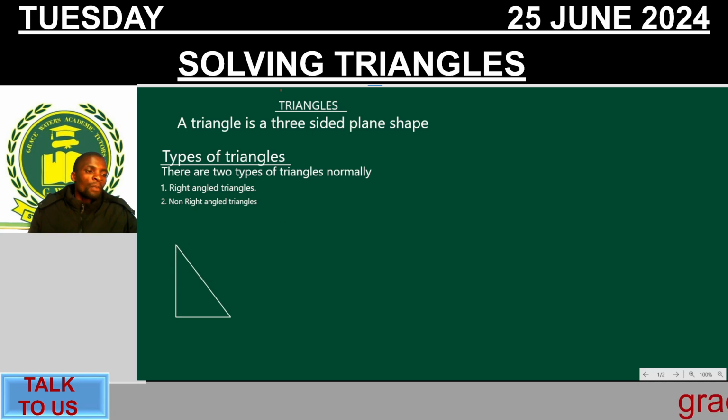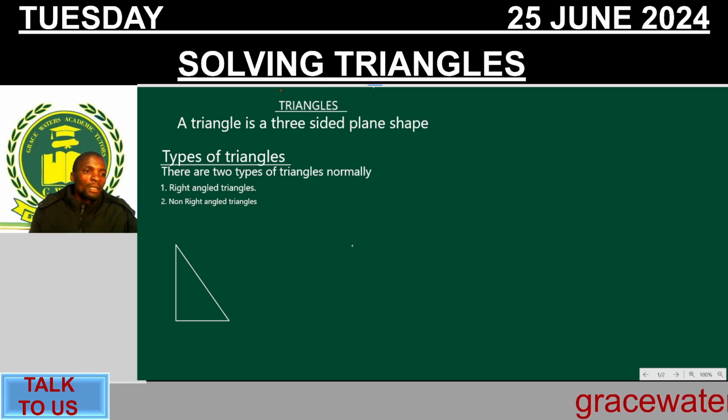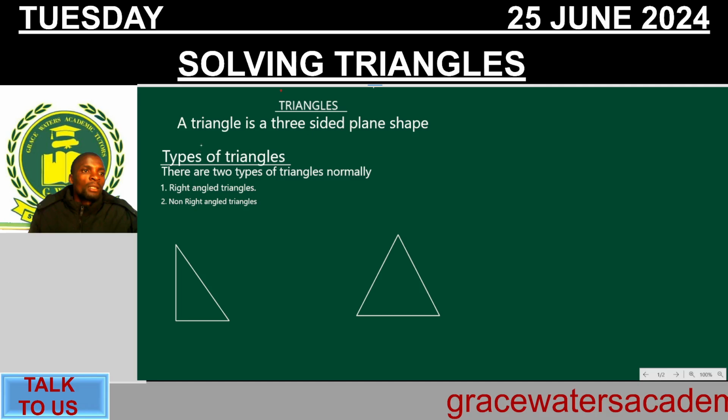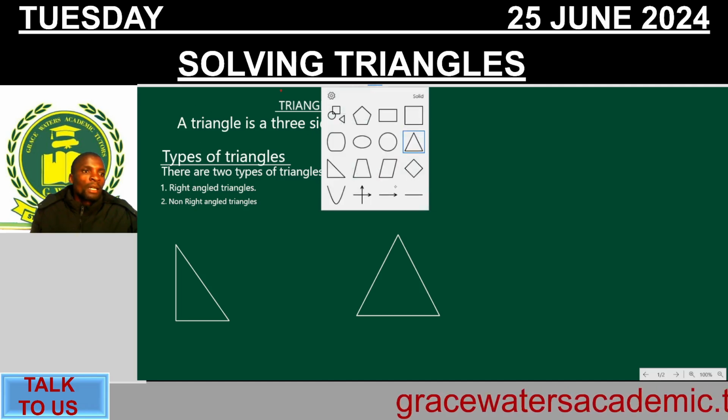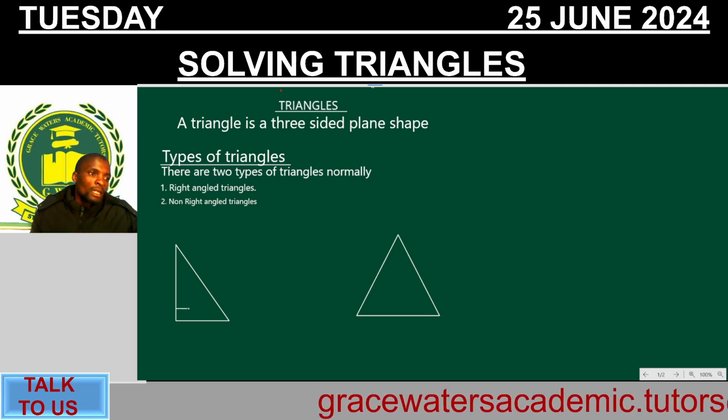You see, this one is what you call a right angle triangle, and then I have another one that's called a non-right angle triangle. What is the difference when you look at them? The difference is only that with right angled triangles, you have got an angle of 90 degrees here.